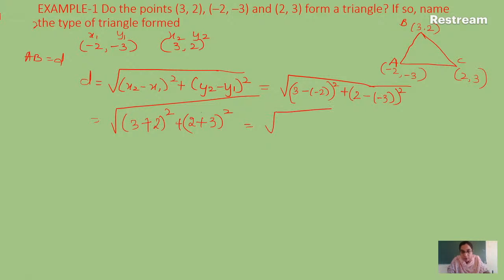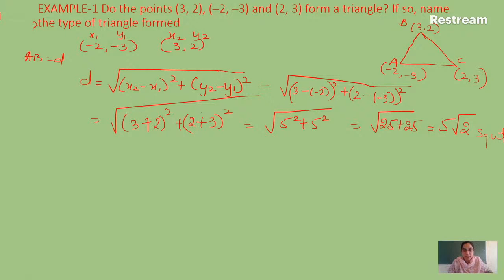Now you got 5 square plus 5 square, that is nothing but 25 plus 25, which is root 50. Root 50 I can write in perfect square form: for 25 twos I can take 5 outside, so it will be 5 root 2 square units.